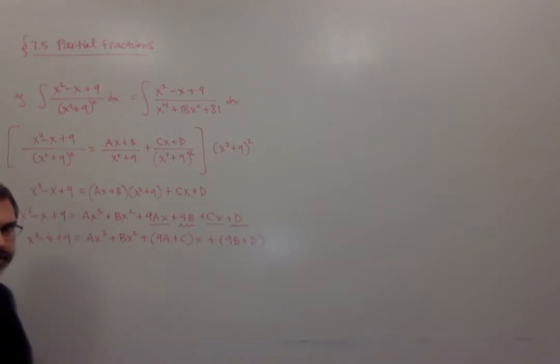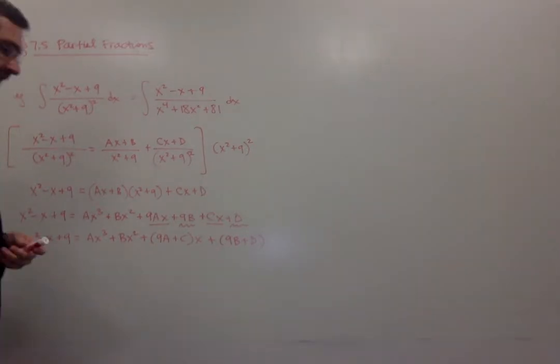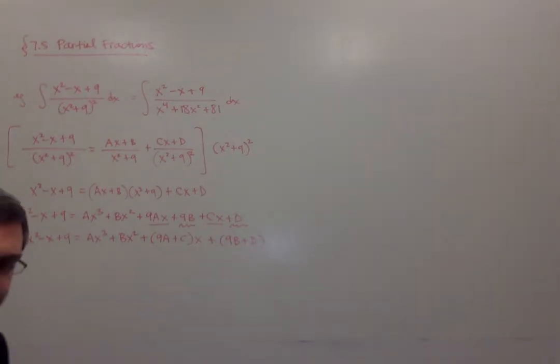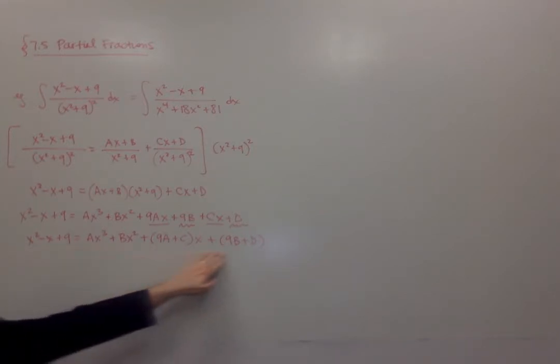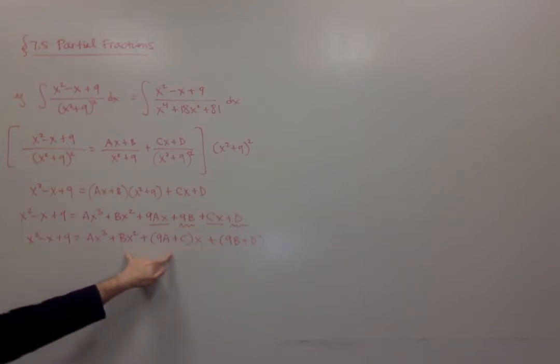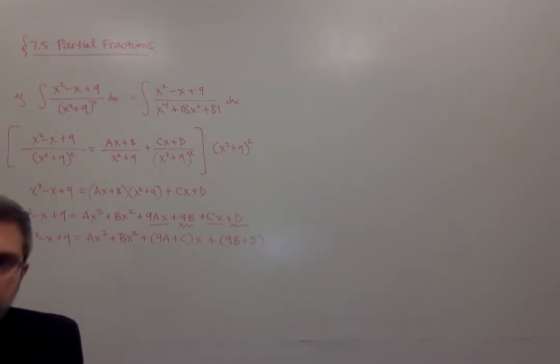Now here's how this other technique works for finding a, b, c, and d. Depending on the context, this one works better. Sometimes the other technique that I showed you works better. On the left side, this is a polynomial. On the right side, this is also a polynomial. And these two polynomials are always equal.